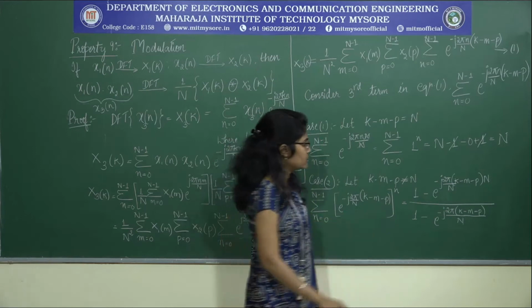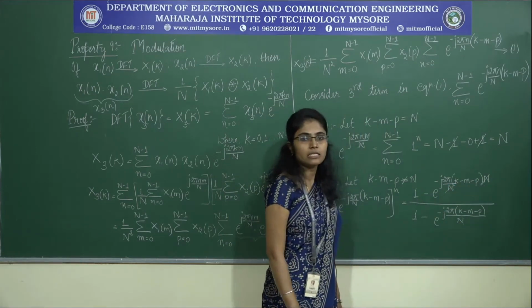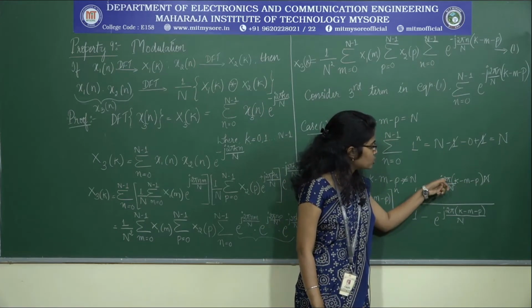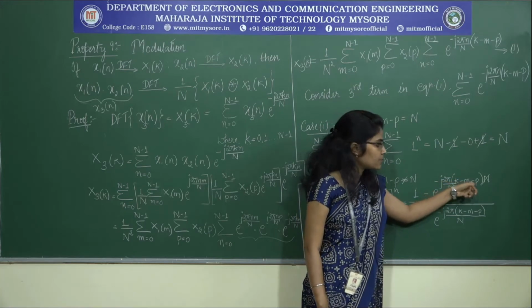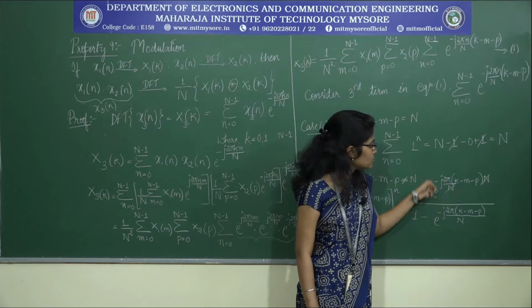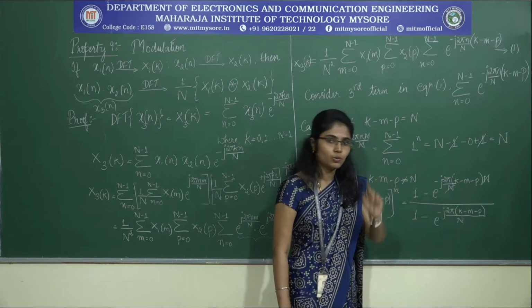Now looking into this equation, what can we do? I can cancel N with N. If we cancel N with N, what is left out here? We have only e power minus j 2 pi k minus m minus p. So for all values of k, m and p, what happens to the exponential term? The exponential term tends to 1.